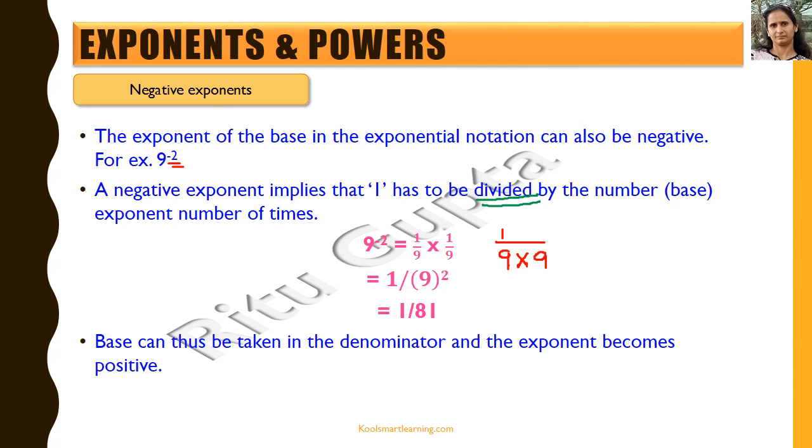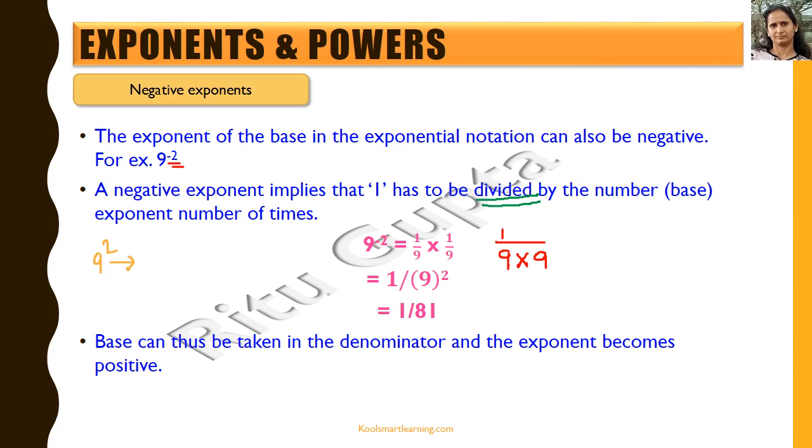Now why do we do that? Let's understand that with the help of an example. When we start with exponential notation, say for example we have 9 raised to the power 2. That is 9 multiplied by 9.